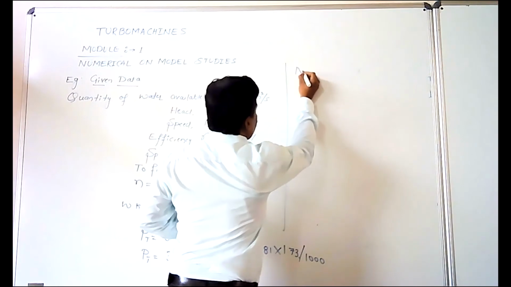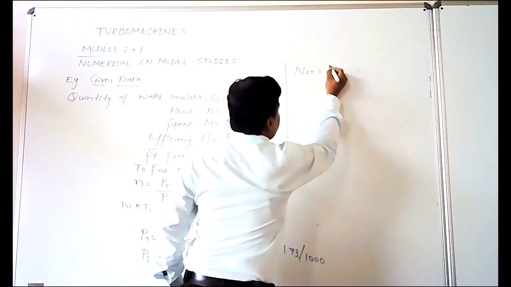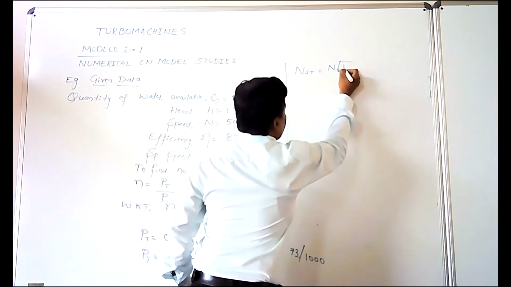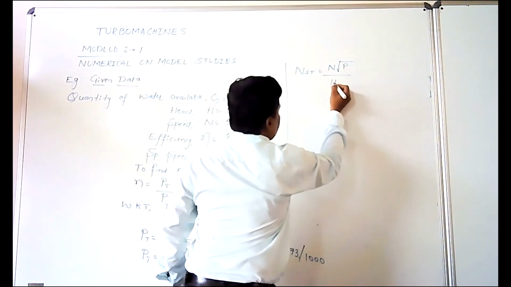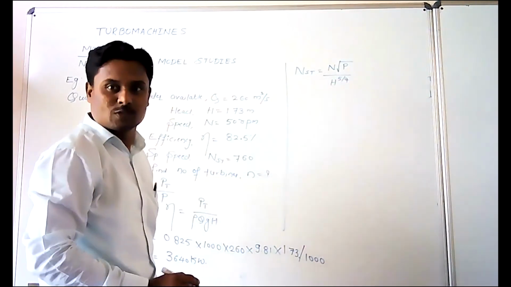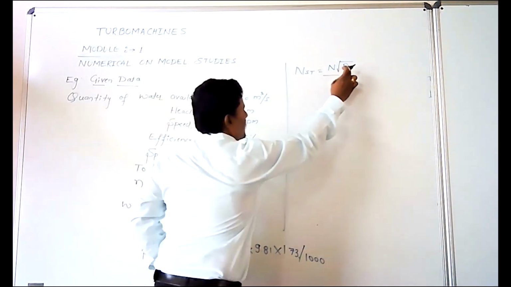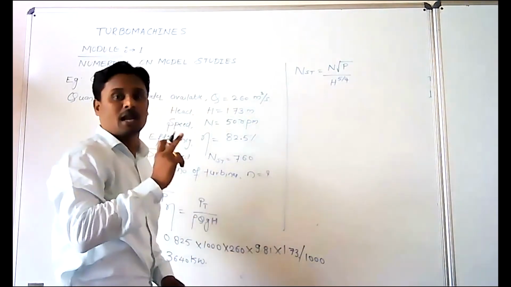We know that specific speed is given by N_ST equals N root P divided by H raised to 5 by 4, where the power P is in kilowatts.